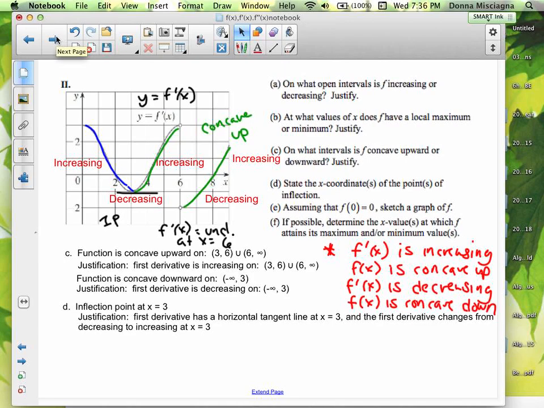Take the coordinates of the points of inflection. All right, so I can state the x value, but not the y value, because I don't have the function, I just have the derivative.